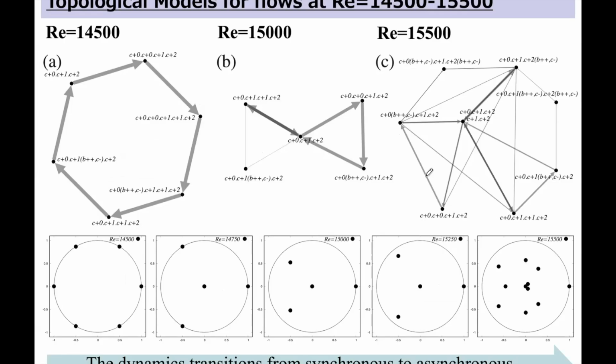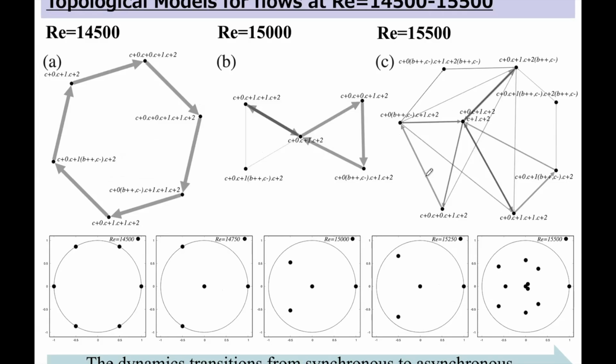So we can do the same thing for the flow at Reynolds numbers 14500 and 15500. For the case of 14500, we have 6 nodes going around. So the eigenvalues become like here, we have a hexagonal alignment. That's still periodic evolution.